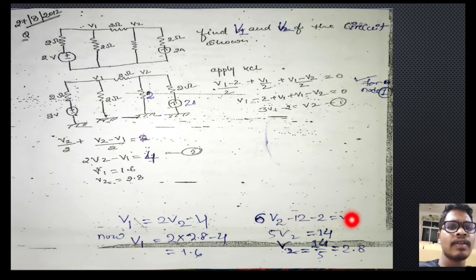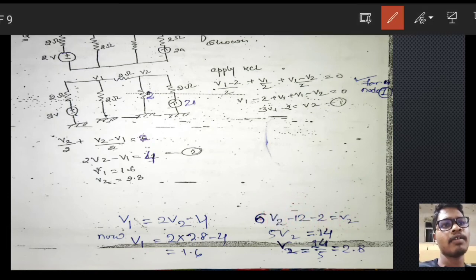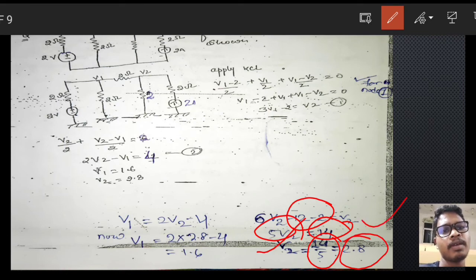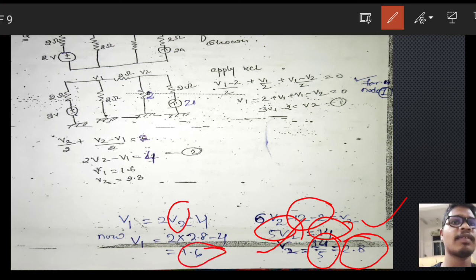Now there is one V2 on each side, so V2 will be transferred to the left hand side, then 6V2 minus V2 is equal to 5V2. So 5V2 is equal to 14, and V2 is equal to 14 divided by 5, which is 2.8. If V2 is 2.8, then putting that value here, you will get V1 equal to 1.6. So this is your actual solution.